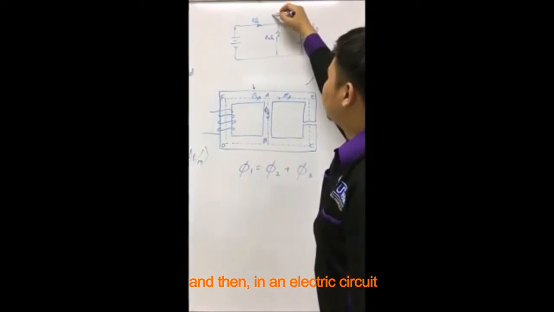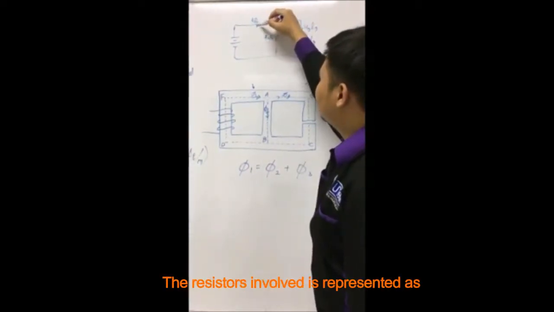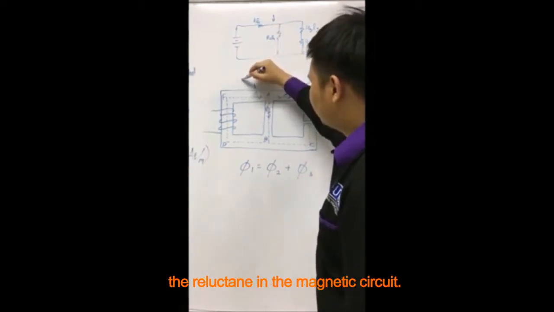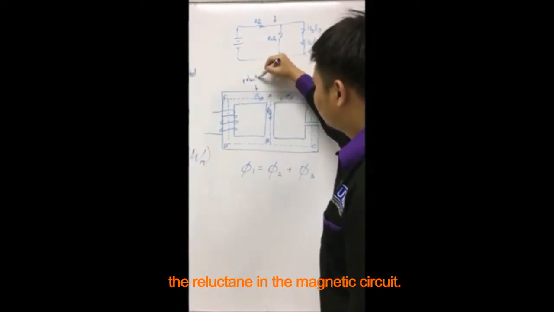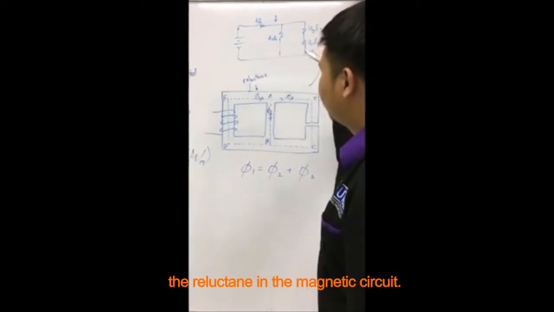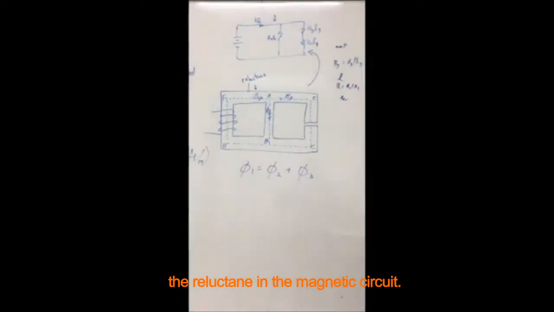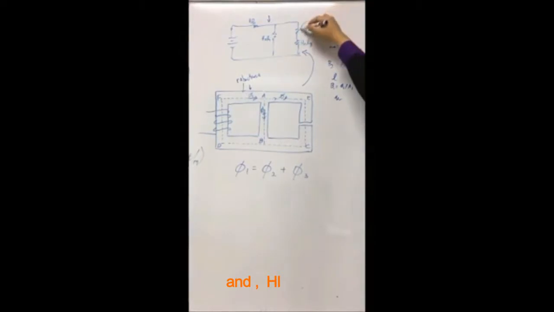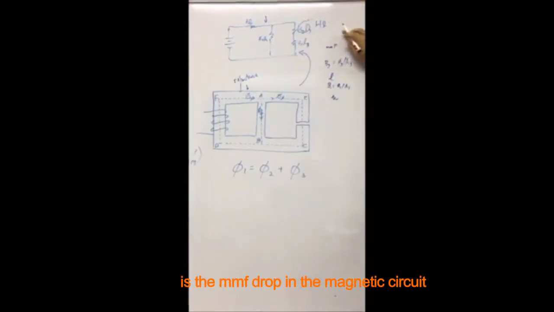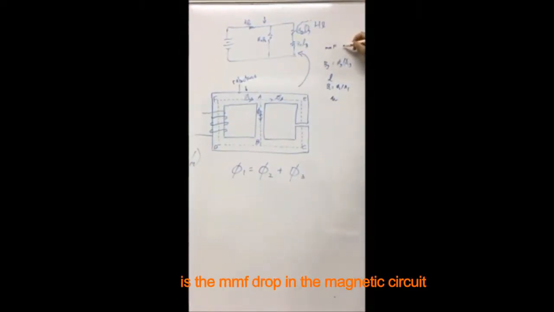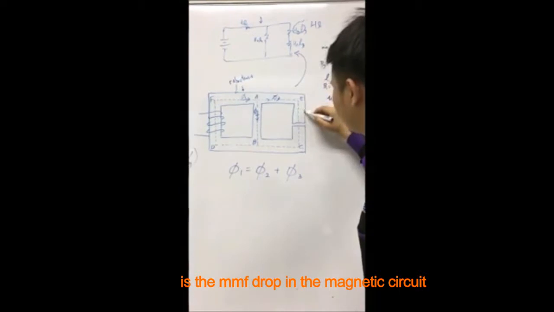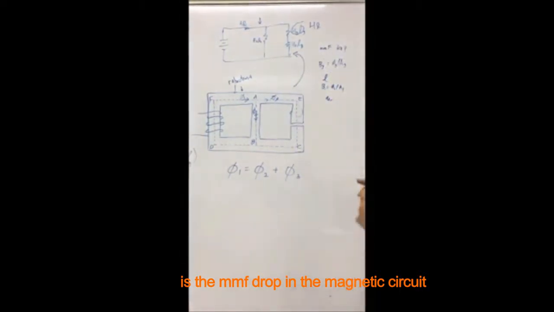In the electric circuit, the resistor symbol is represented as the reluctance in the magnetic circuit. And HL is the MMF drop in the magnetic circuit here.